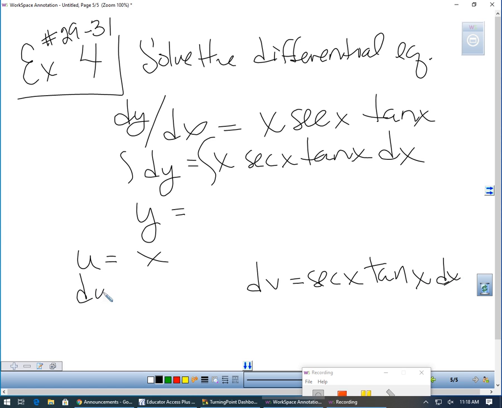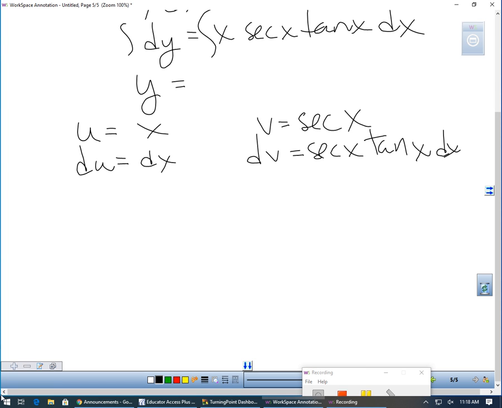So du is simply dx. RV, antiderivative of secant x tangent x? Secant, very good. Alright. So u times v. So x secant x minus the integral of v du. Secant x dx.